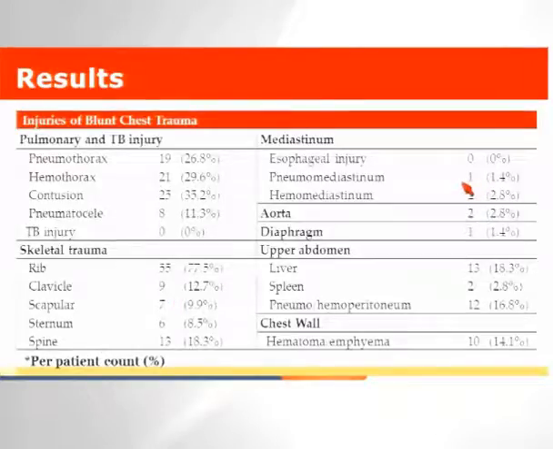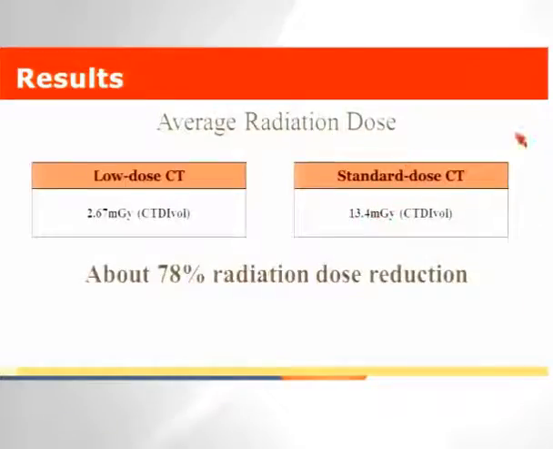This table shows the type of injuries, and the numbers mean per patient count. The most common injury was rib fracture, which was followed by pulmonary contusion and hemothorax. Average radiation dose was 2.67 milligray for low dose CT scan and 30.4 milligray for standard dose CT scan.